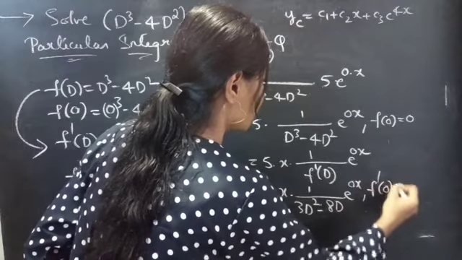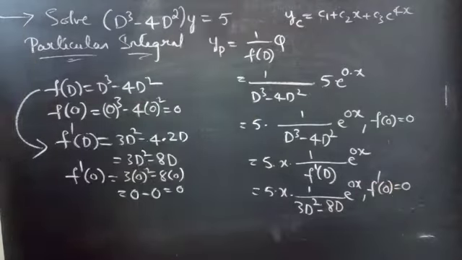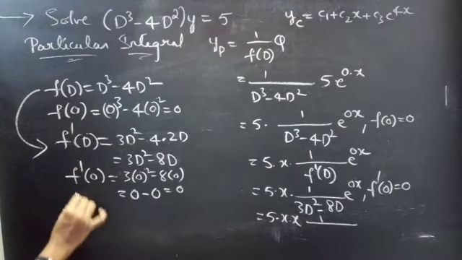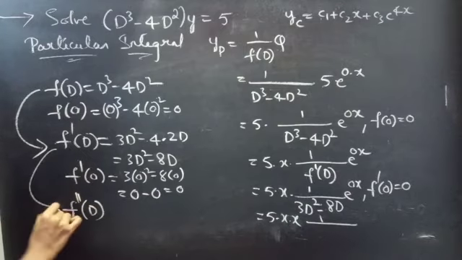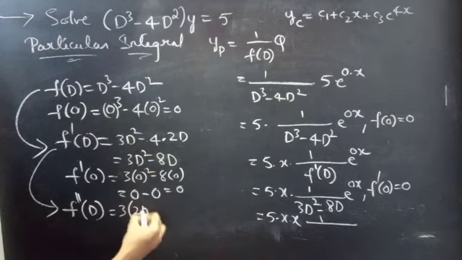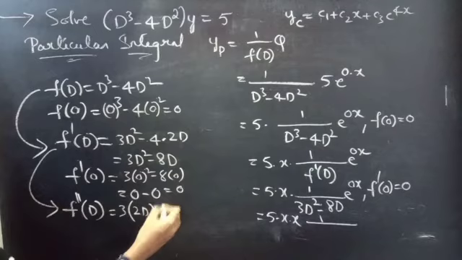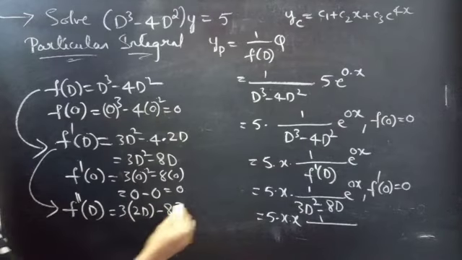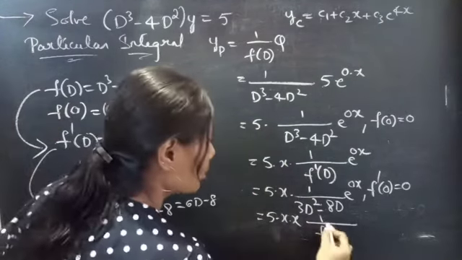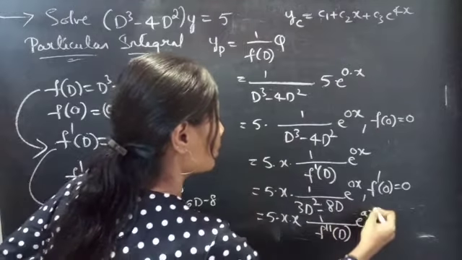Since f dash of 0 equals 0, we need to write x into x into 1 by the derivative of f dash of D, that is f double dash of D. Then you'll get 3 into derivative of D square, which is 2D, and the derivative of 8D is 8, which equals 6D minus 8. So f double dash of D into e power 0x.